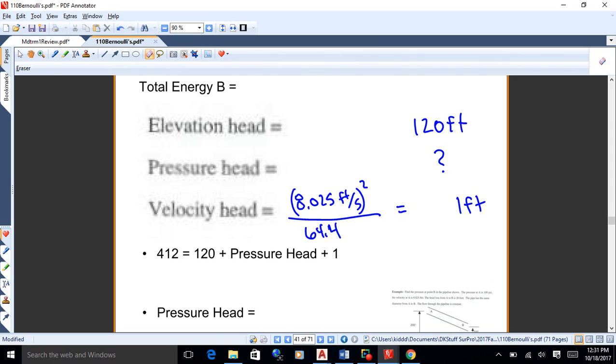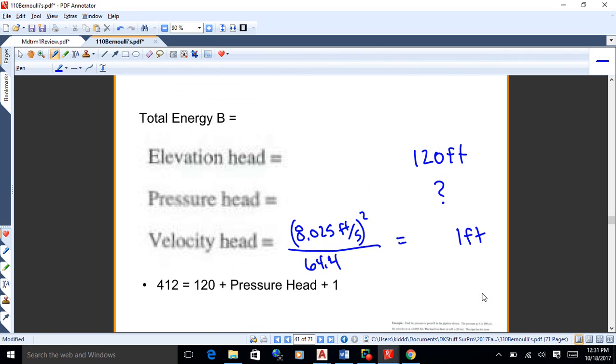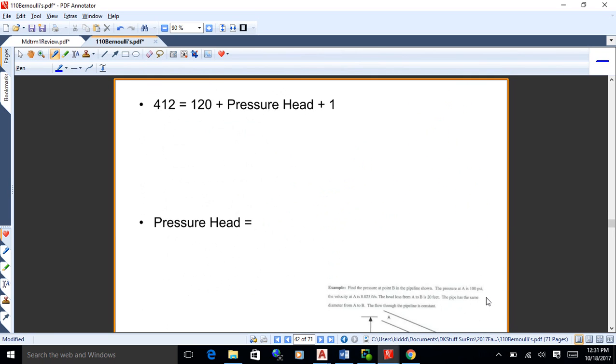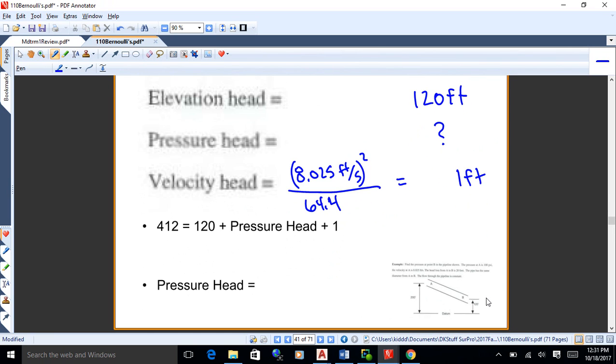All right. So what we've got now is we know that we got 120 feet elevation and 1 foot of velocity head. And then we got 412 is 120 plus pressure head plus 1. So what I can do here is I can get 121 and subtract it from 412.